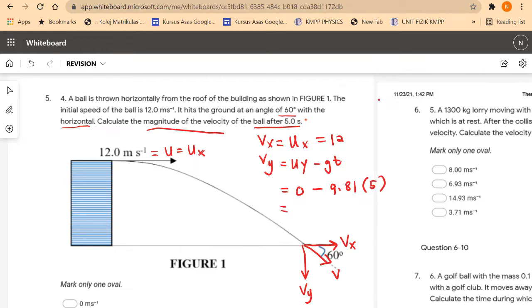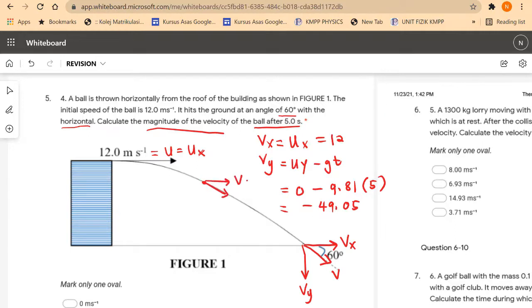So Vy equals negative 49.05. Okay, maybe the position of the ball at 5 seconds is somewhere here.